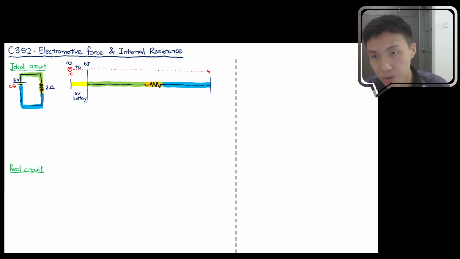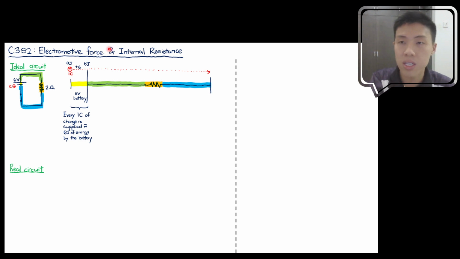If you want to write some description of what's happening over here, we can say every 1 coulomb of charge is supplied with 6 joule of energy by the battery. This is what happened when the 1 coulomb of charge passed through the battery.